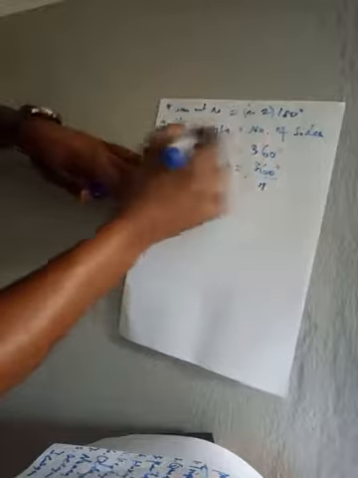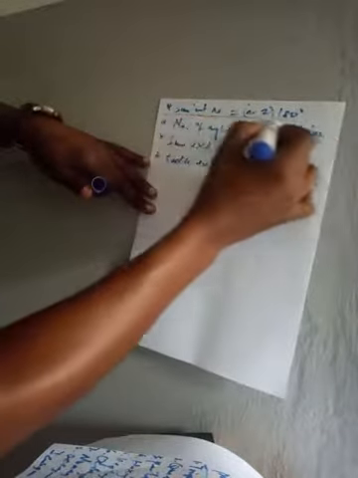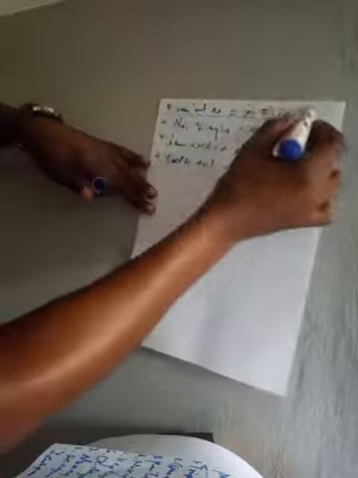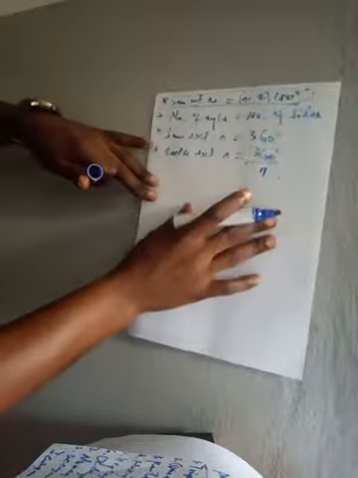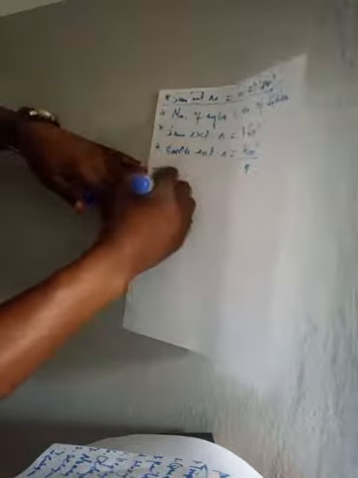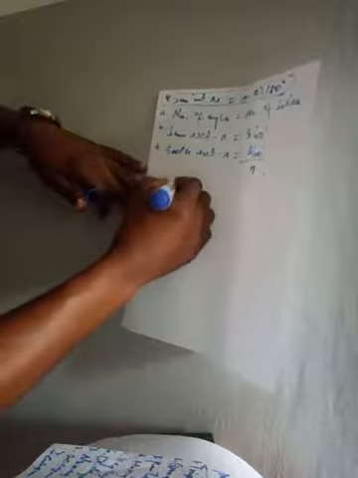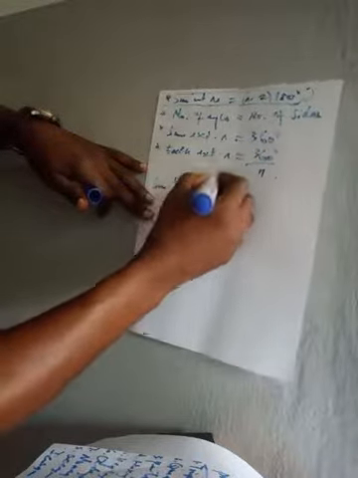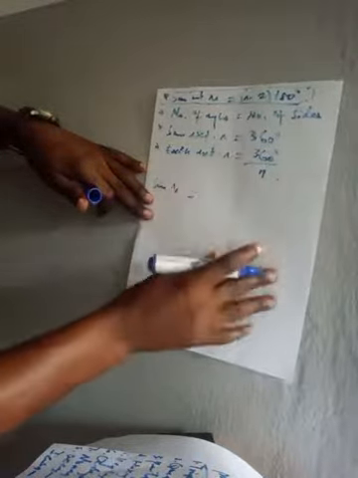You can now see that this first formula helps us to find the sum of interior angles of a regular polygon. For example, a triangle has 3 sides. Is that not true? So the sum of angles is equal to n minus 2 times 180 degrees, where n for a triangle is 3.